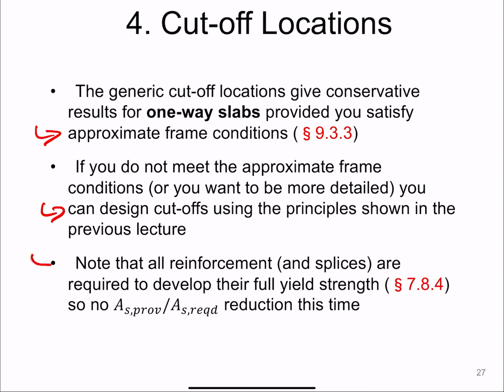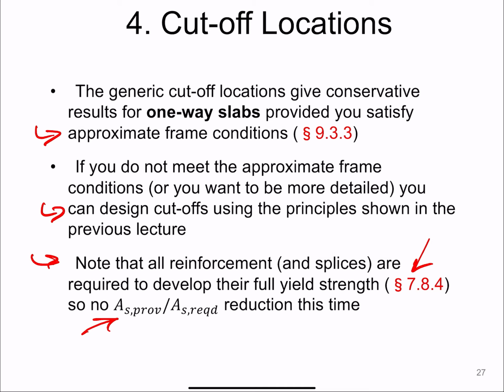Now, notice that all the reinforcement splices are required to develop their full yield strength. This is because we're designing what essentially amounts to a beam. In a beam, you remember, we wanted the steel to yield. So if we want the steel to yield, there are not going to be reduction factors due to As provided over As required in this particular case.